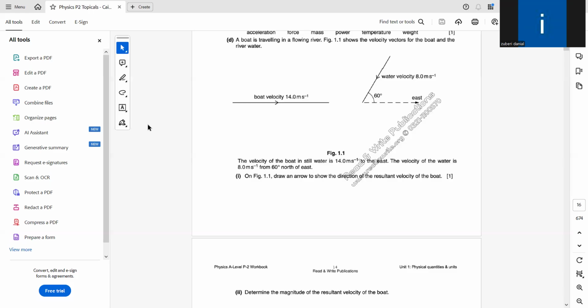So, sir, the arrow would be drawn like this.